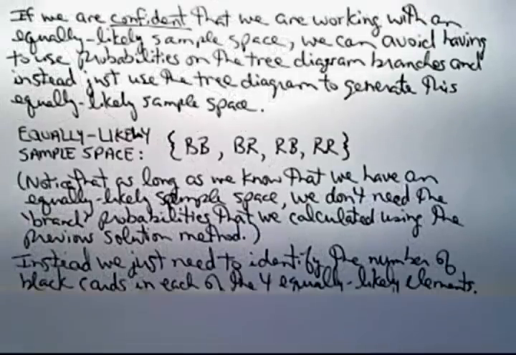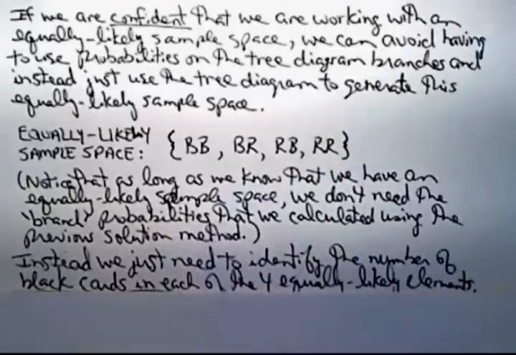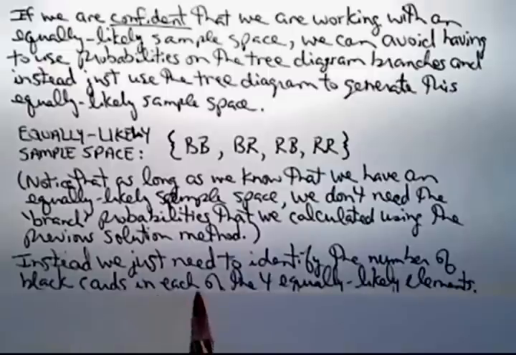What I just said is so important, I want to actually let you look at it in writing and think about it. What I just said is, as long as we know we have an equally likely sample space, we don't actually need those branch probabilities that we calculated in the first solution method. Instead, all we need is to identify the number of black cards in each of the equally likely elements, and there are 4 of them in this problem.